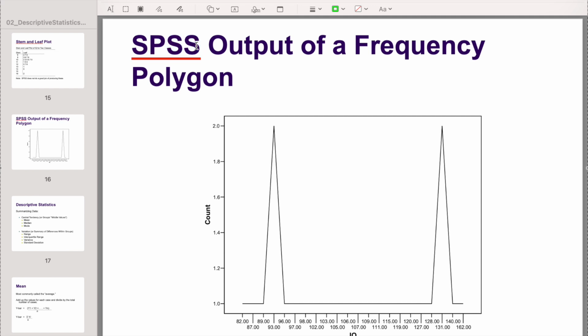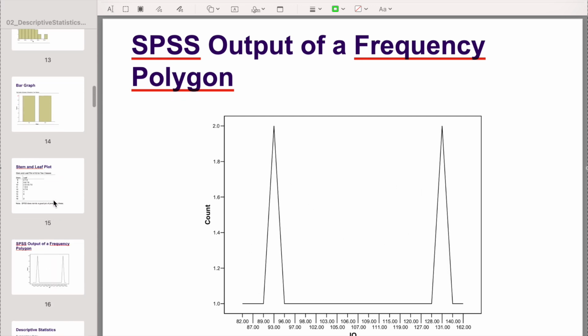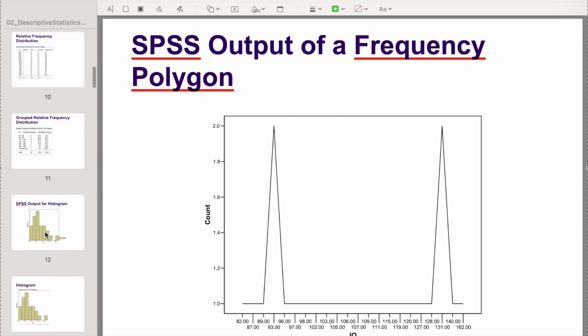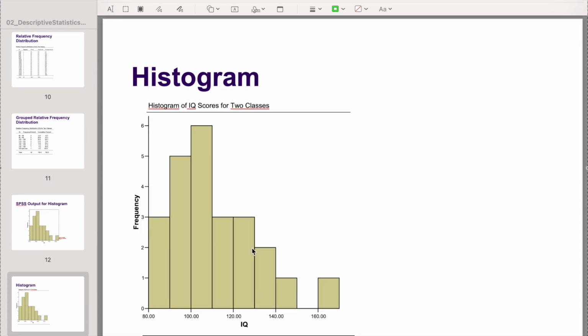Okay, that's yet another chart created by the statistical software that's called the frequency polygon. We have on the vertical axis the count, and on the horizontal axis the IQ numbers. So this is the same representation as what we have seen in the histogram.